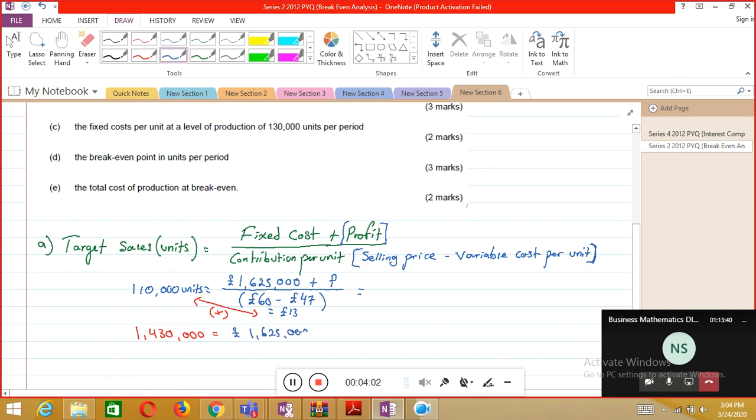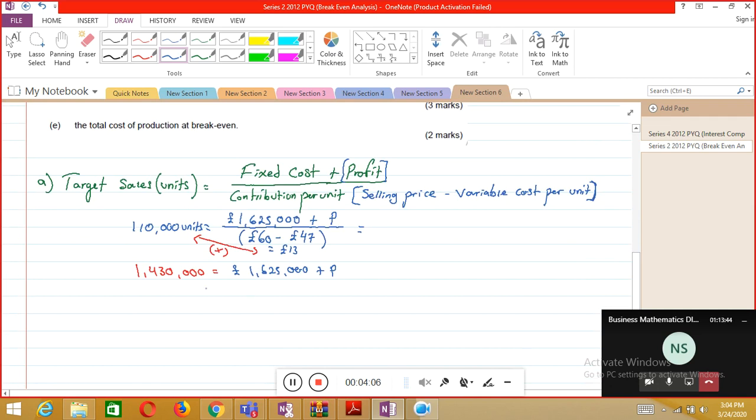1625 plus the profit. So this is how we find this value. Then if you reverse, you take 1430 minus 1625,000. So it's not profit anymore, it is a loss.